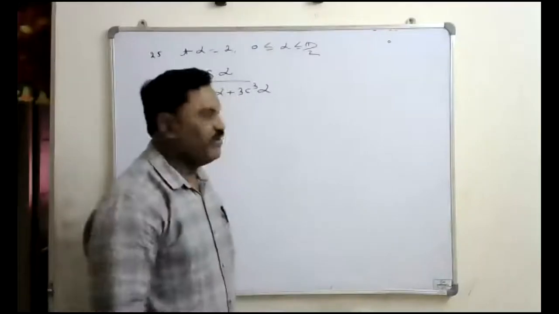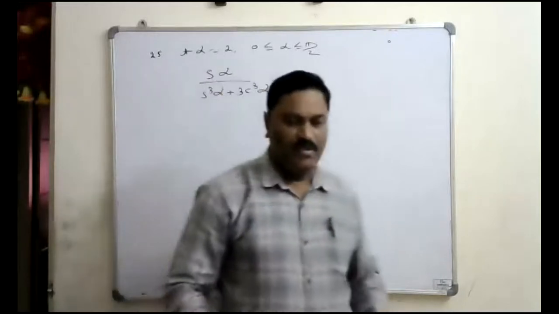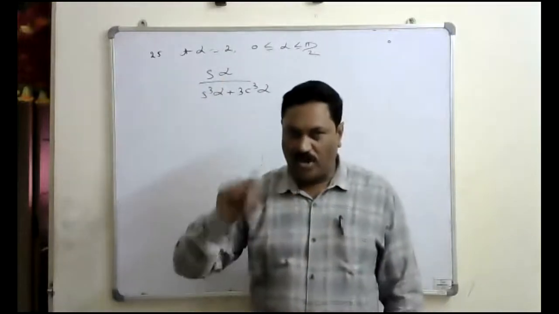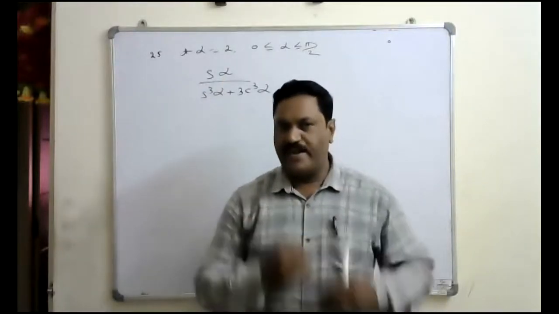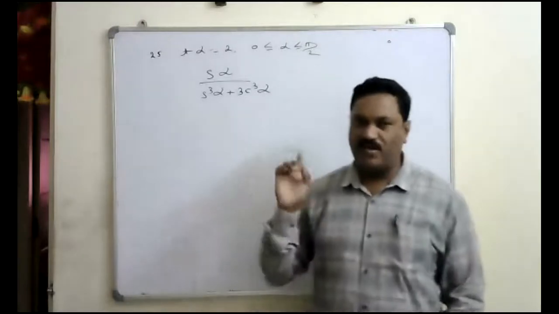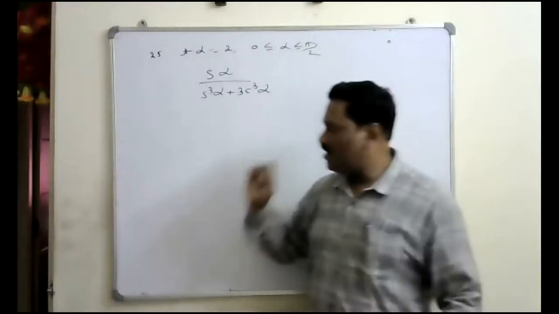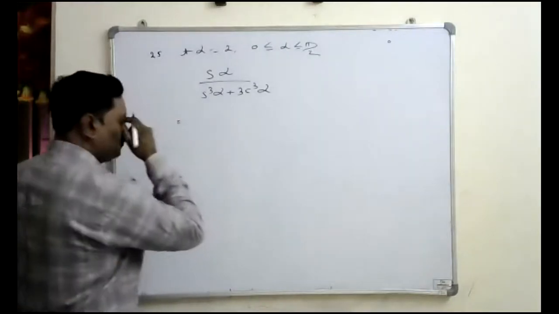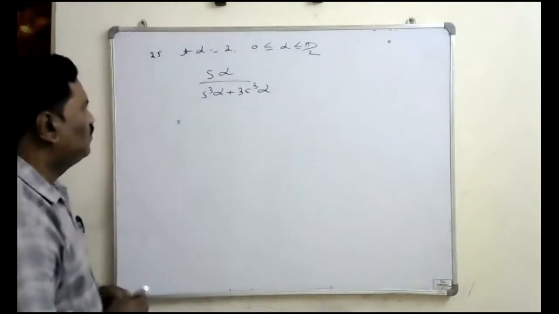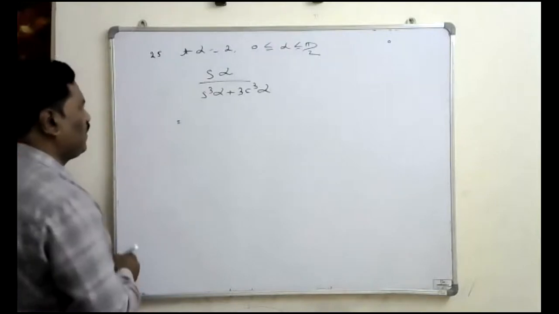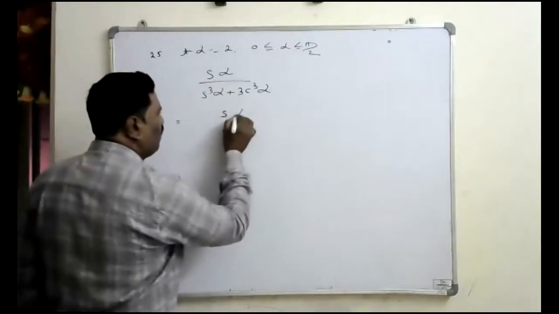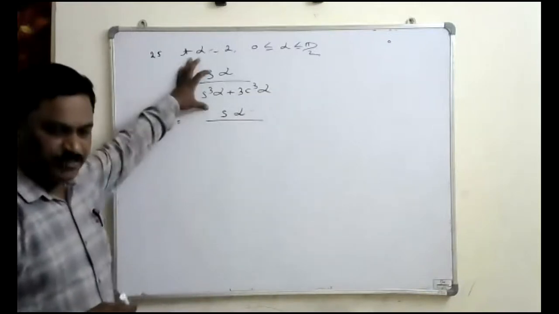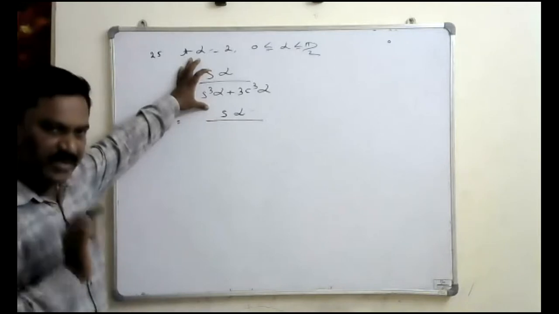To find this value, one way is that tan alpha was given, so consider a right angle triangle, find the third side, then find sine alpha and cos alpha and substitute. Otherwise, since the tan alpha value was given, we will convert every term of this expression in terms of tan.